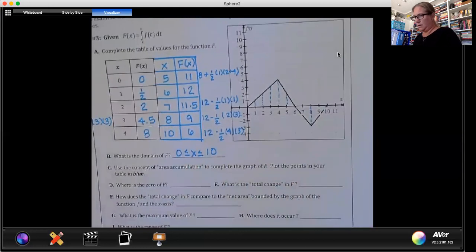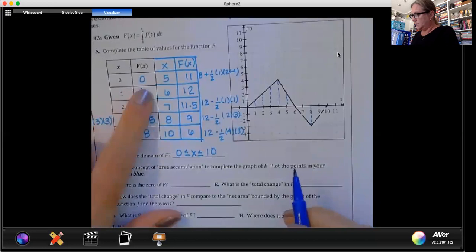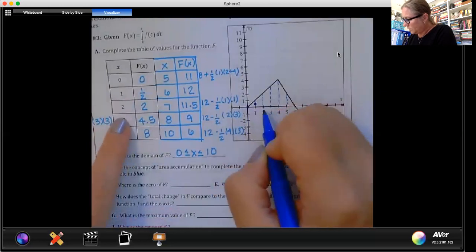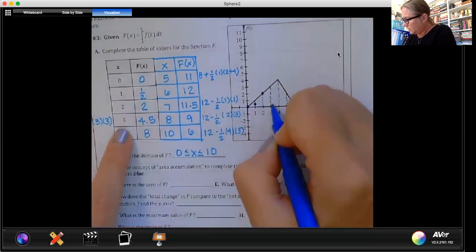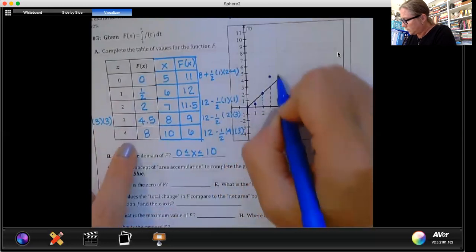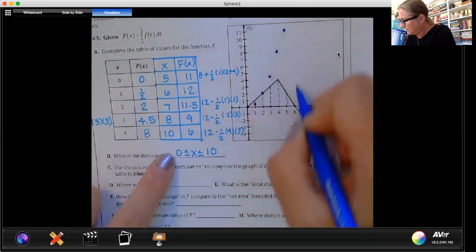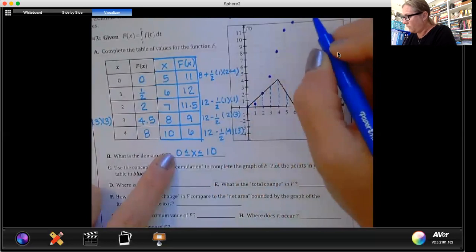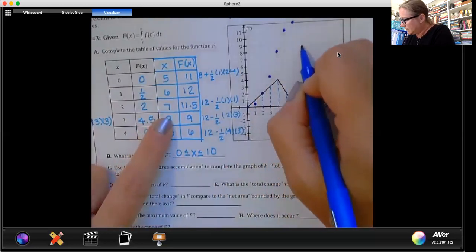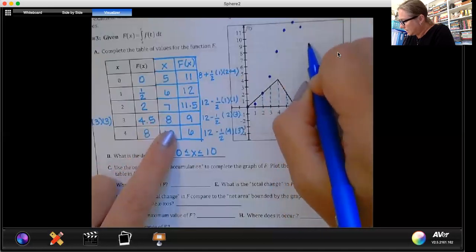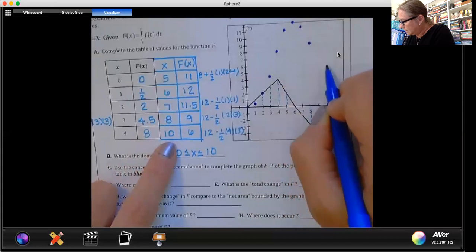Plot the area accumulation to complete the graph of f. Plot your points on your table in blue. All right, so 0, 0; 1, 1/2; 2, 2; 3, 4.5; 4, 8; 5, 11; 6, 12; 7 is 11.5; 8 is 9; and 10 is 6.